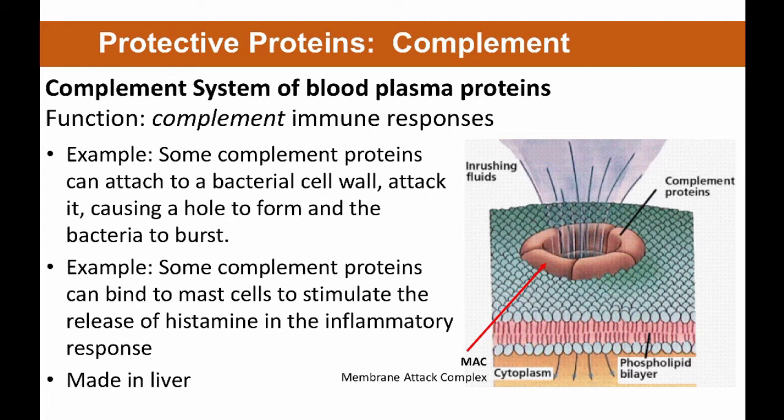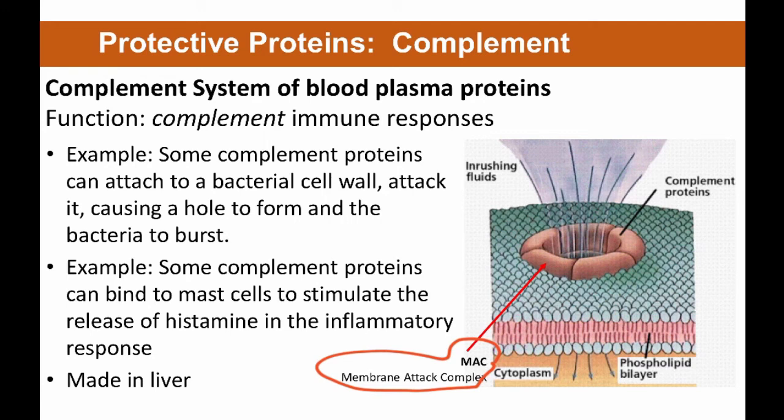One of my favorites is shown in the cartoon in this slide: the complement proteins that produce the membrane attack complex. So when these proteins encounter a bacterial cell, they sit down on the surface of the cell and arrange themselves just so that they create a hole in the cell.